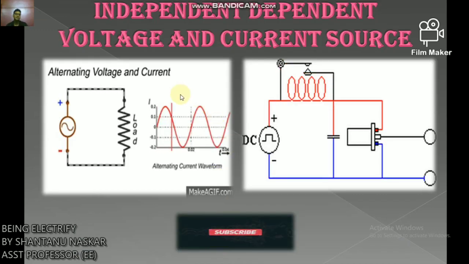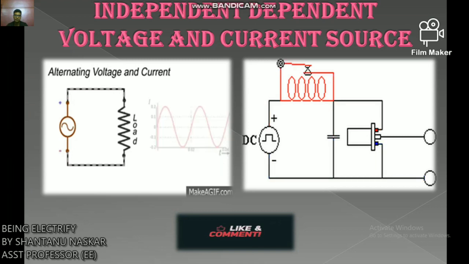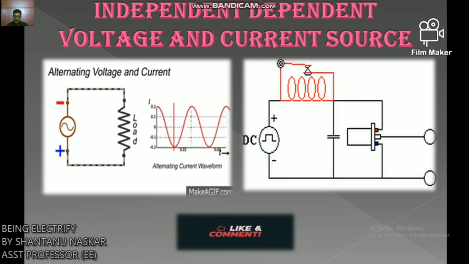What are independent and dependent voltage and current sources? The source which supplies the active power to the network is known as the electrical source. The electrical source is of two types, namely independent source and dependent source.